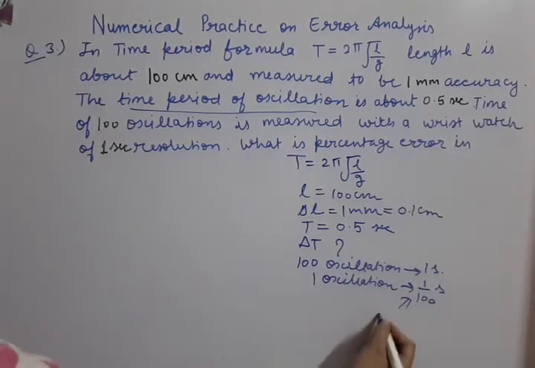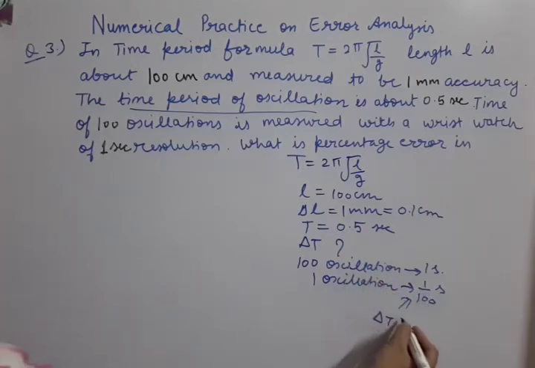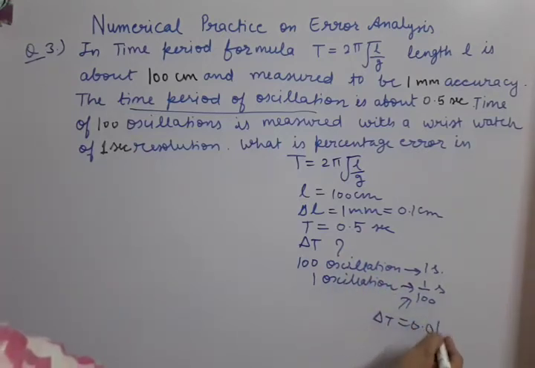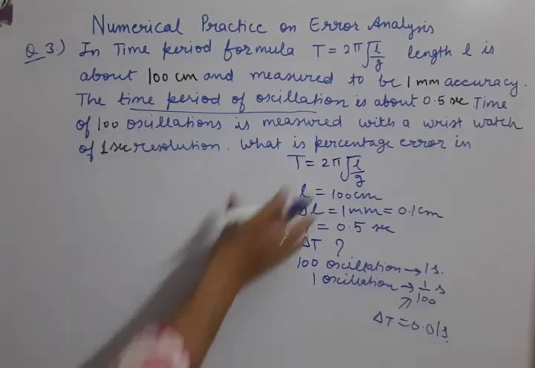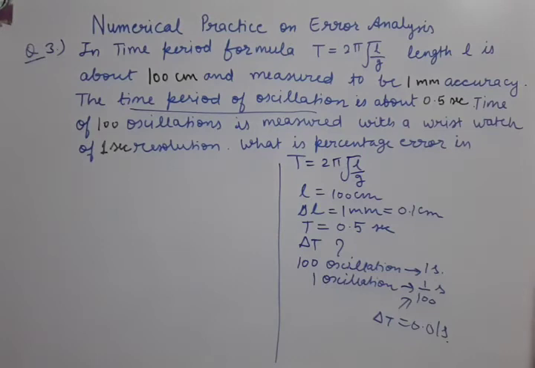Now this we will call delta T, because it is the information about one oscillation time, and one oscillation time we call capital T. So this is about accuracy. So delta T we have got as 0.01 second. Now this data is given. We will be solving the question here.